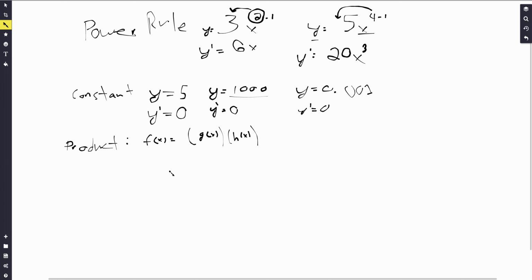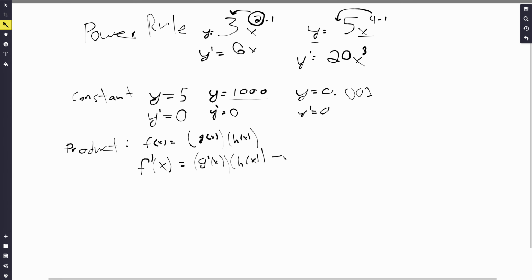Okay, so the product rule basically says, again, we have to write f prime of x because we're trying to take the derivative of this f of x. So how you would write this would be g prime of x multiplied by h of x plus, there's always going to be plus unless there's a negative, but you get the point. It's going to be plus here.